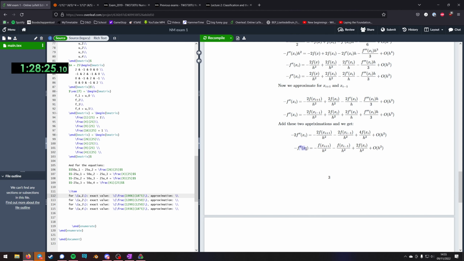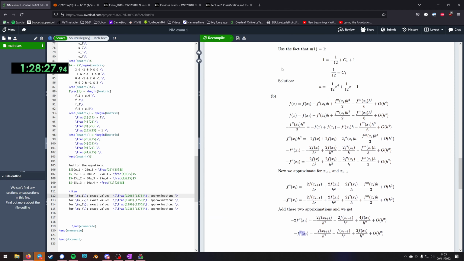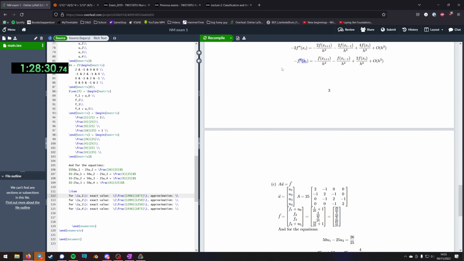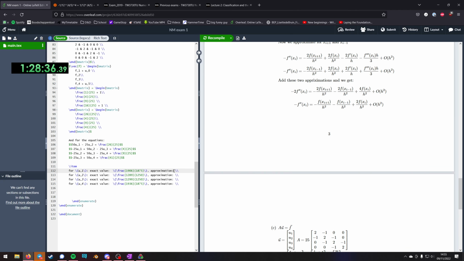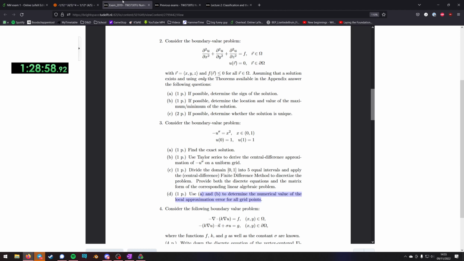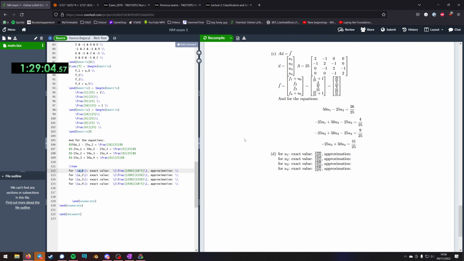But this is about U double prime, because U double prime is F. So the approximation here would be, no, the difference is not in U prime, because we know, no wait, we don't know U, we know F. Sorry, I'm figuring this out as we go.